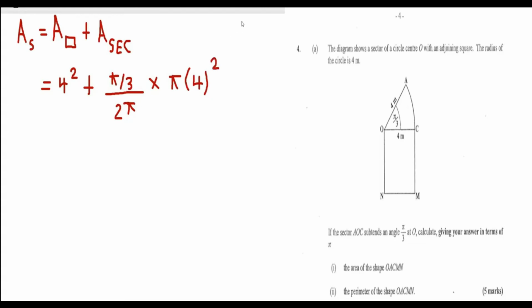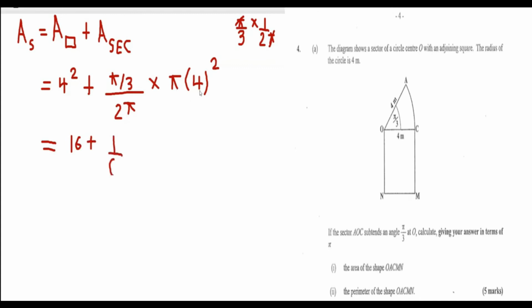So it's pi by 3 divided by 2 pi. I really want to point this out as well, that pi by 3 divided by 2 pi should always be looked at as pi by 3 multiplied by 1 over 2 pi. That's how you should see it. All right, and so the pi's in reality cancel, and it works out to be 1 over 6. So this works out to be 16 plus, now pi by 3 over 2 pi, as I said, that's 1 over 6.